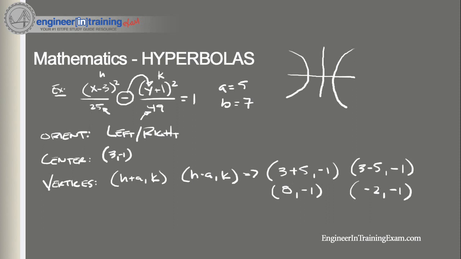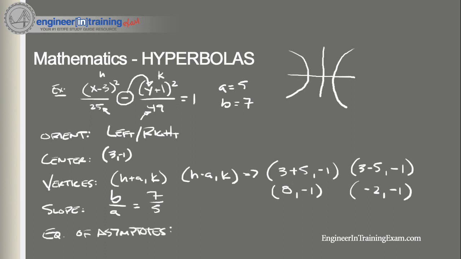So next we should get the slopes of the asymptotes. These are always the square root of the number under the y term divided by the square root of the number under the x term. So the slope is always b over a, which in this case is 7/5. Now that we have all this information, all we need to do is plug in all this information that we've determined.